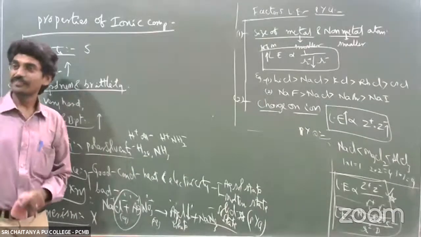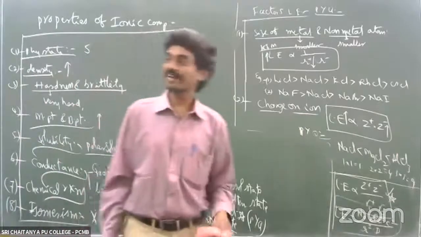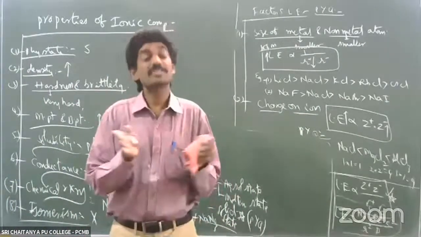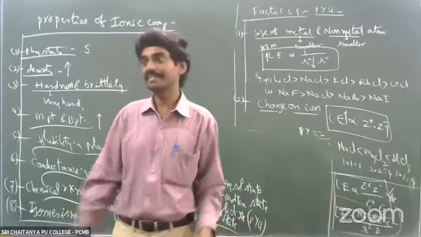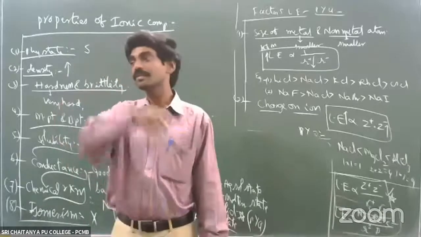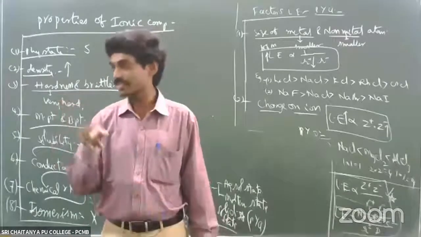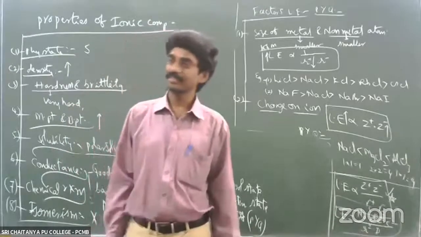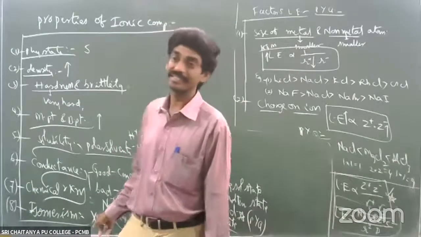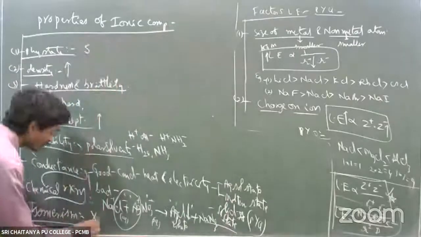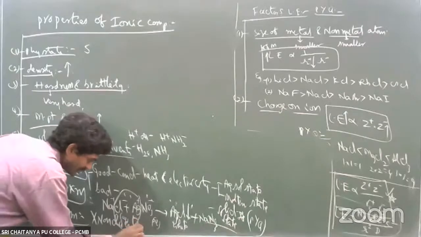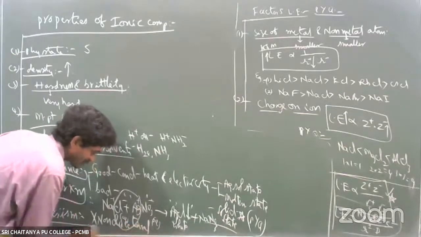If you take covalent compounds, the covalent bonds are arranged in a particular direction to give a particular geometrical shape to the molecule. But in ionic compounds, the ions are arranged in all the available spaces three-dimensionally. That's why they are a non-directional property. So ionic compounds are non-directional, meaning the ions are not arranged in a particular direction.